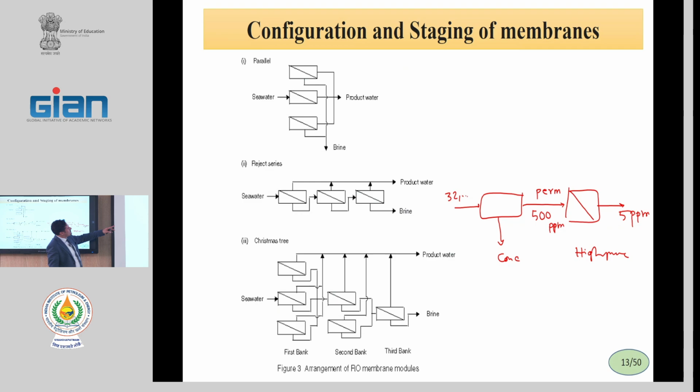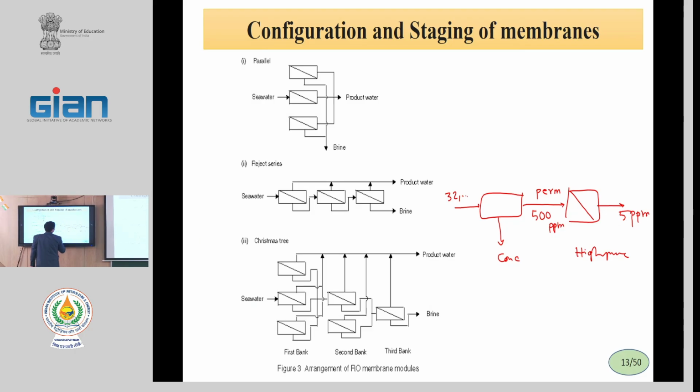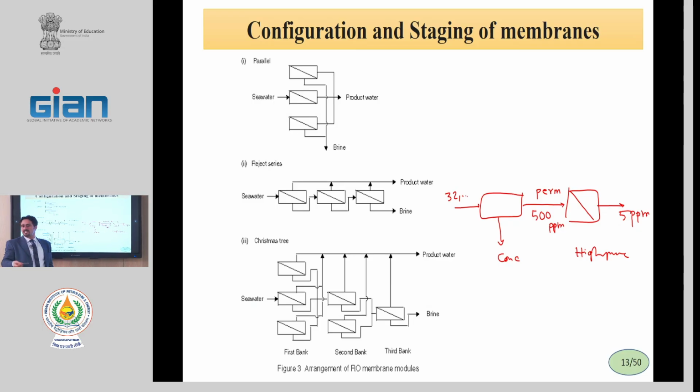But in this case, when we go the concentrate to the second step, the quality of the product water is similar, no change. But the recovery increases. In this case, the aim is increase of recovery. In the other case, we want to increase the purity of the product. In the Christmas tree, we want both: increase the recovery and increase the purity.